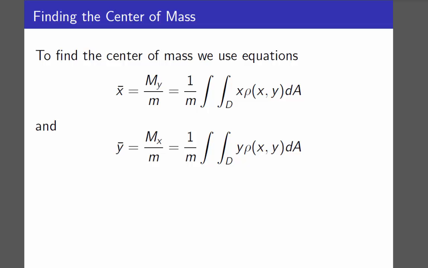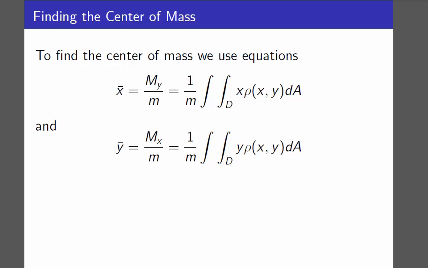Now, to find the center of mass, we use the two following equations for x bar and y bar. So x bar is equal to the moment with respect to the y-axis divided by the mass, and y bar is equal to the moment with respect to the x-axis divided by the mass.